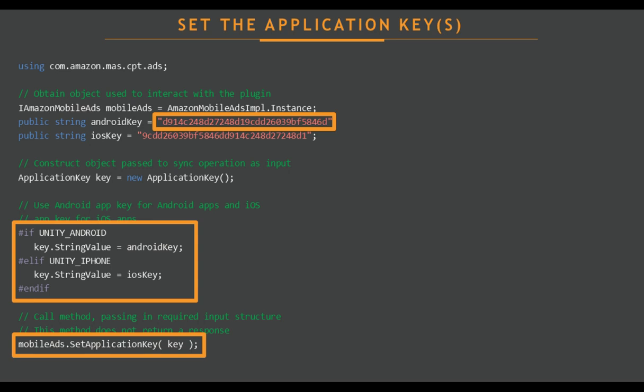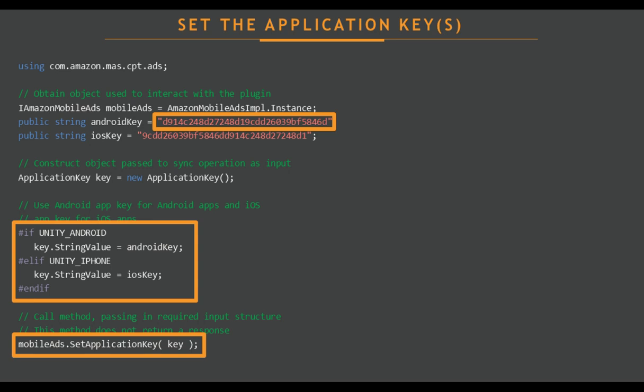Wherever it ends up, note that I created a public string containing my mobile ad application key, and actually I created two, one for Android and a separate one for iOS. Then down below, you can see how I added a preprocessor directive to choose the correct string based on the platform where my app is running.